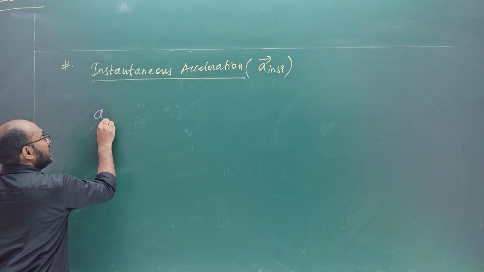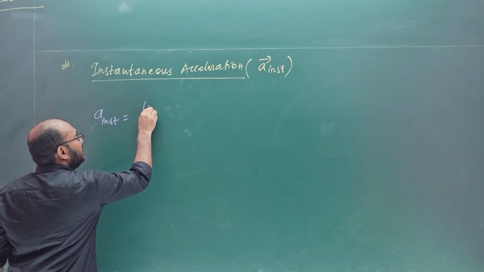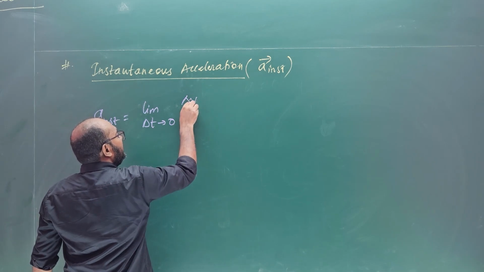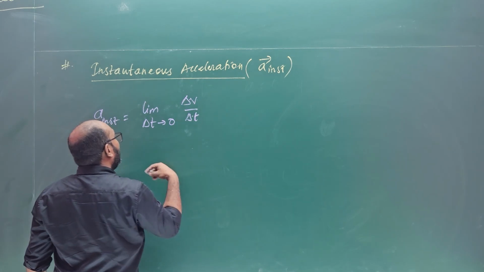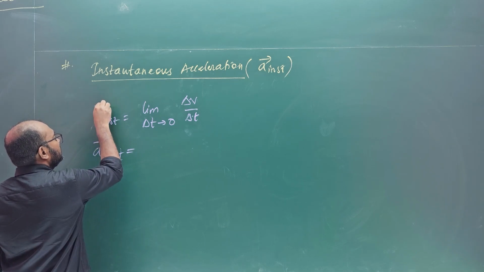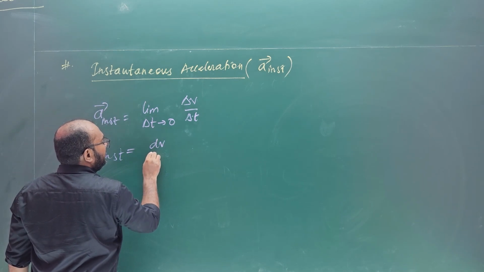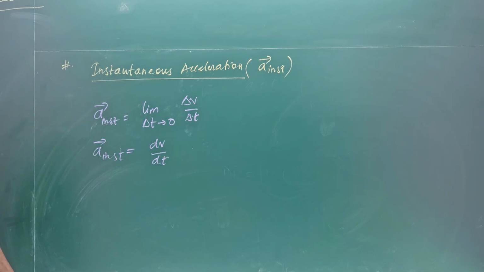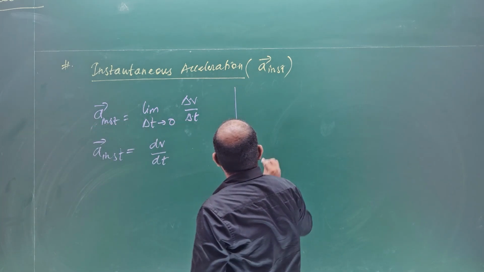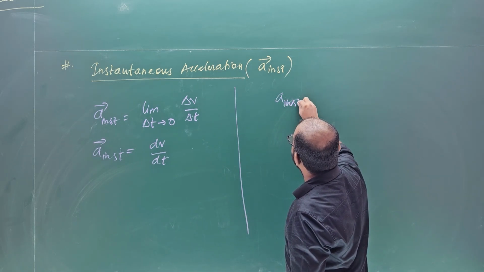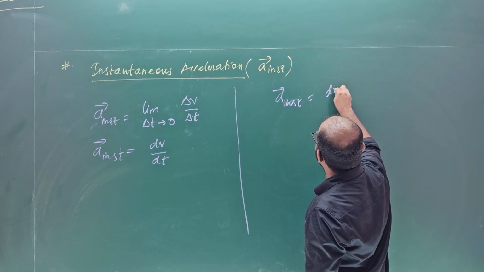So instantaneous acceleration can be written as limit delta t tends to 0 of delta v upon delta t, or dv upon dt. Now few things you should remember. A instantaneous can be written as dv upon dt.